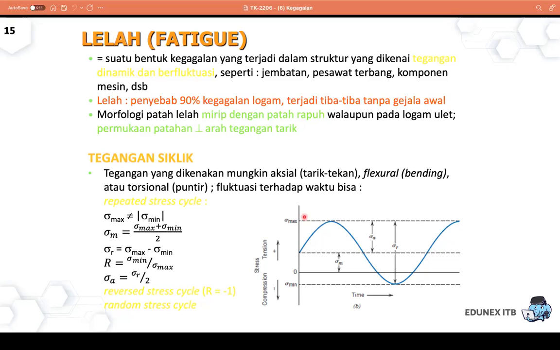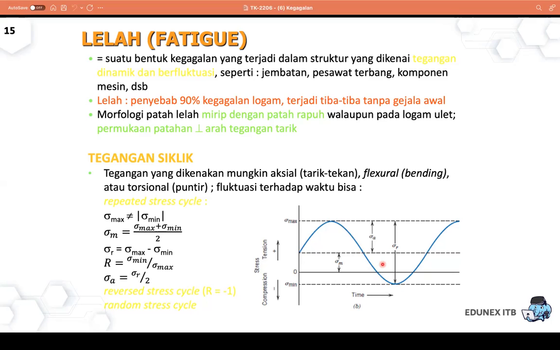Okay, so before I explain in a video, let's check this one here. We idealize the fatigue. It starts from 0, goes to a maximum load, and then goes back again, going to the minimum load.